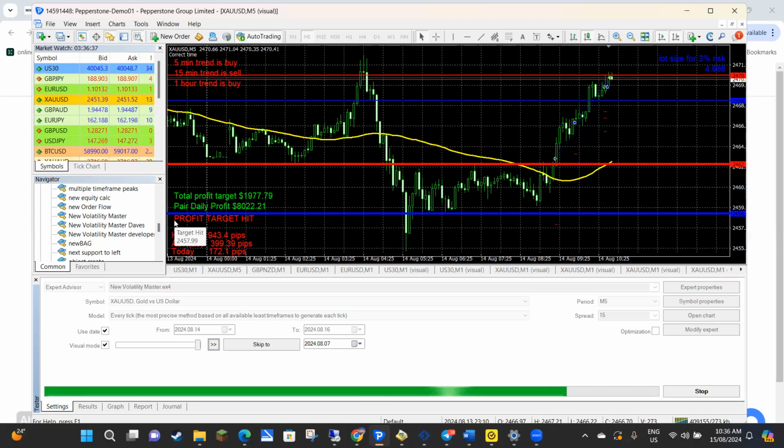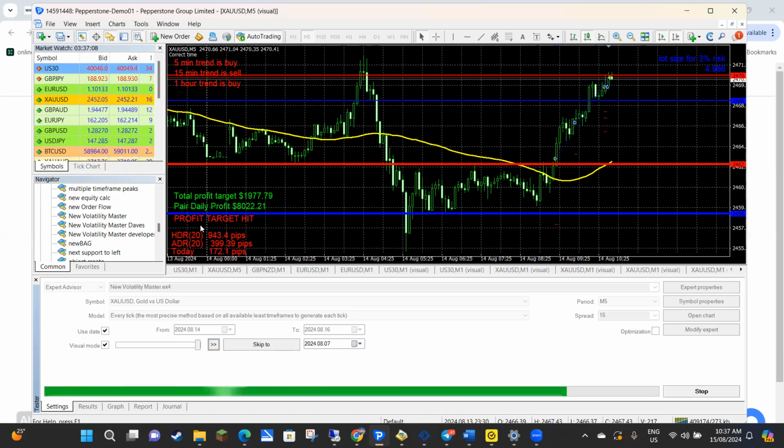And so what would happen now if you were trading multiple pairs is that, as you saw, all the gold trades closed out because they'd hit their target, and profit target hit will show up on this particular pair, but any trade you had opened on other pairs would still be trading if they haven't hit their own specific daily profit target.